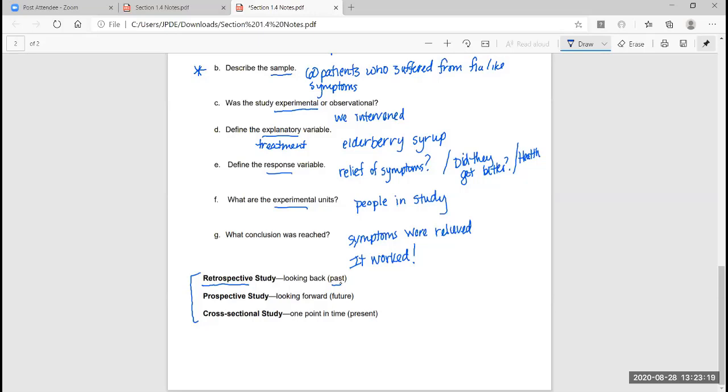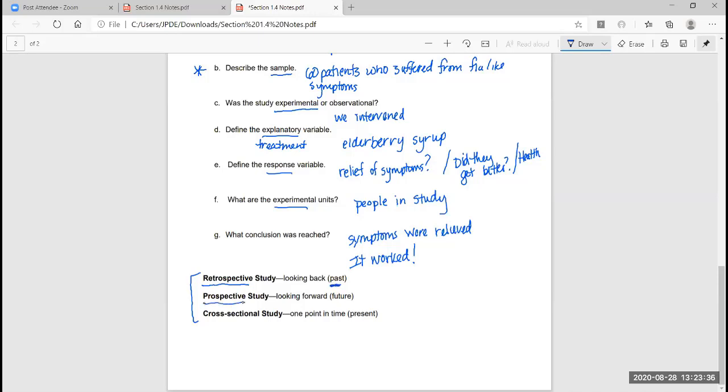And the college does this. They go back and they look, you know, what percent of students passed a class, what percent of students failed a class, and they use that as a gauge for, is our program working, okay? So this is looking back at something that already happened.